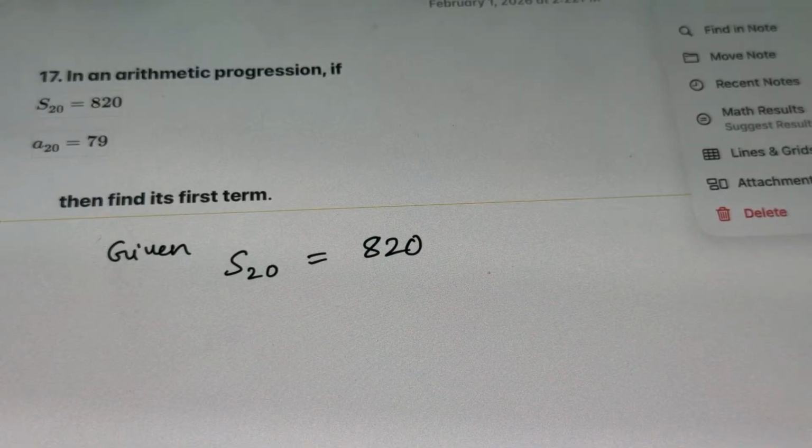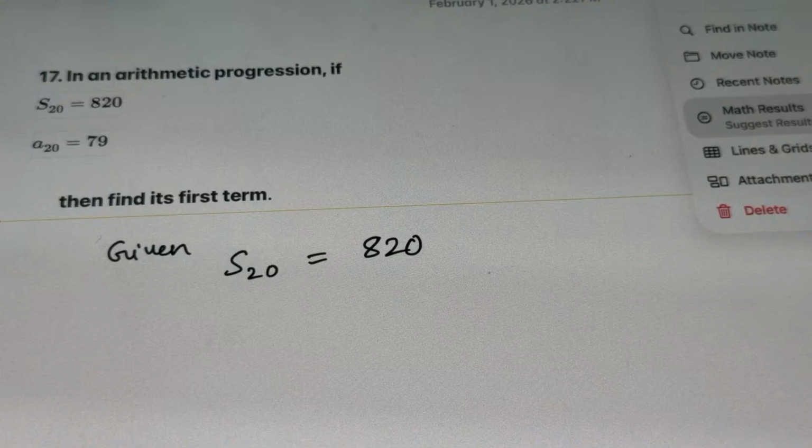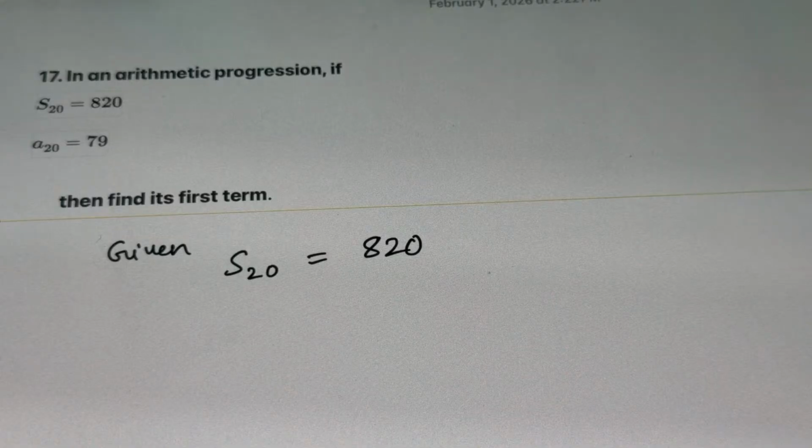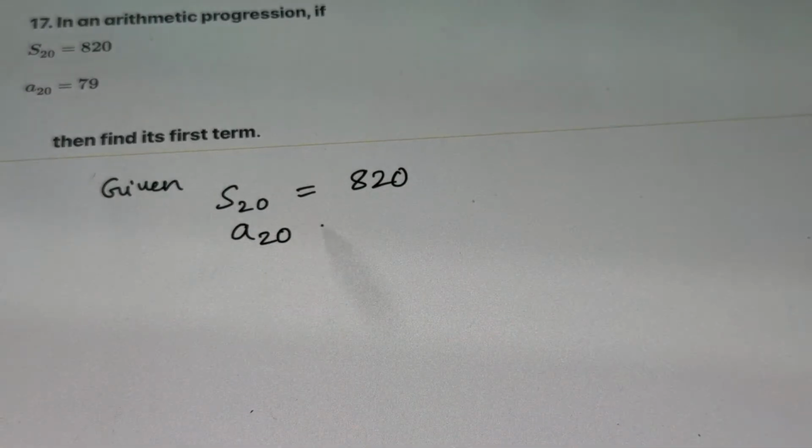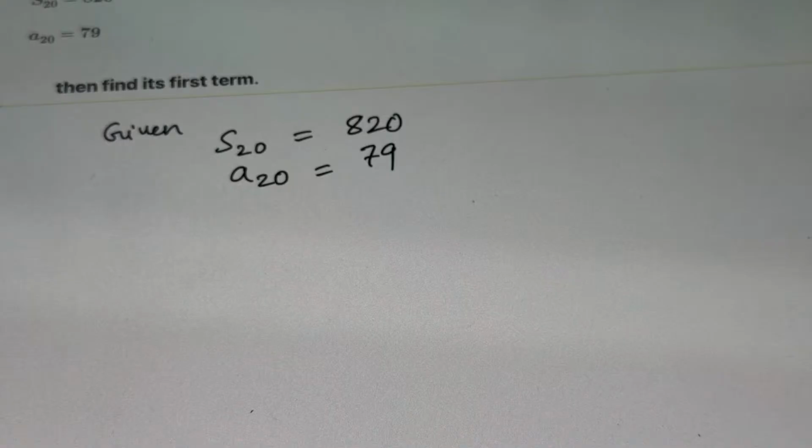Given we have S20 is equal to 820, A20 is equal to 79, we have n is equal to 20.